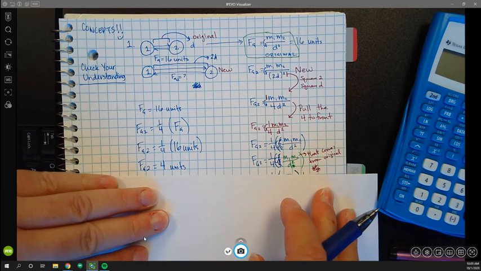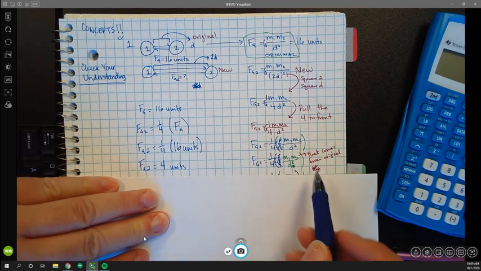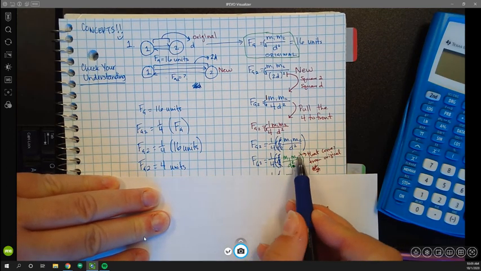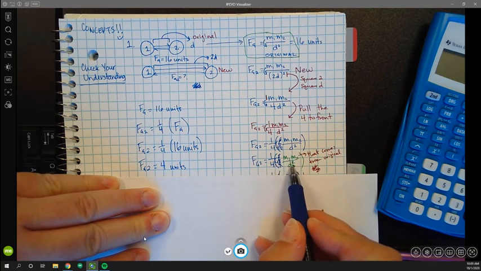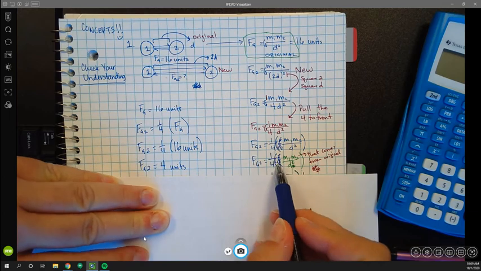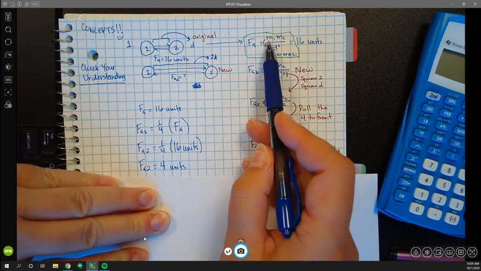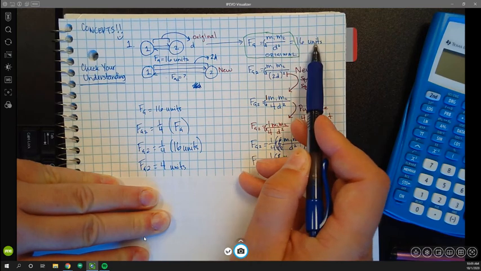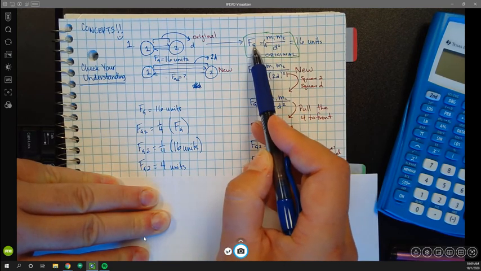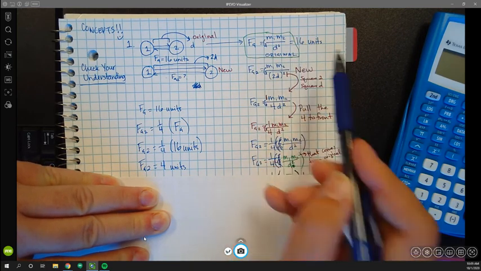As I keep working through this, I can take this value, G times m1, m2 over d squared. That is what the original force of gravity was equal to, and we said that was 16 units. So for the original force of gravity, it was 16 units.